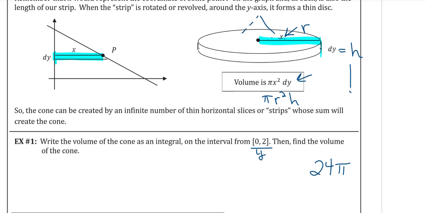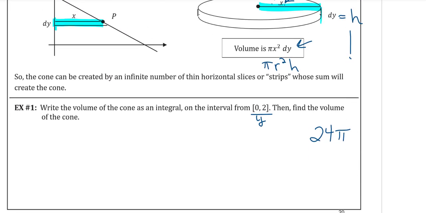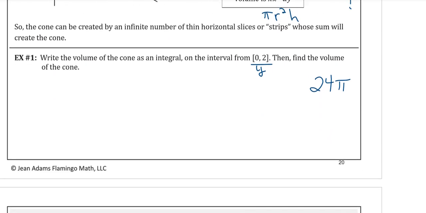So let's see if we can do that using our disk method. We are first going to write the volume formula. V is going to equal the integral from 0 to 2, because that's where it hits the y-axis, of pi times our radius squared, which is x squared, times dy. Now we have a problem here because we have an x and a dy.